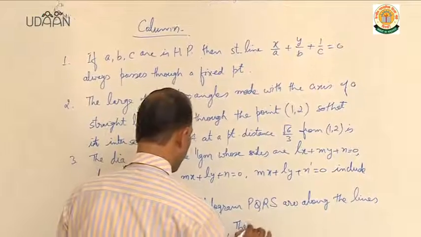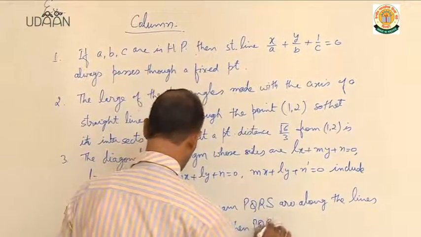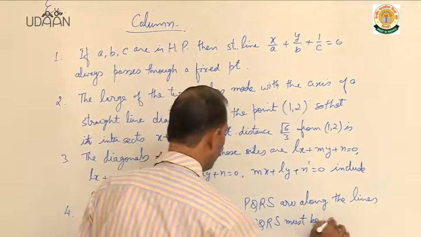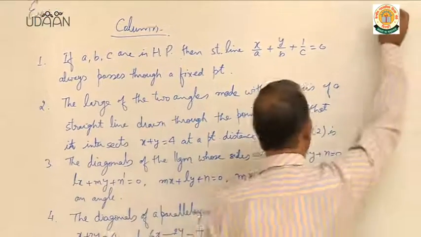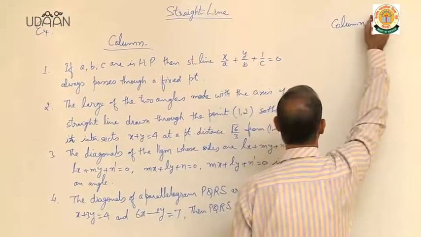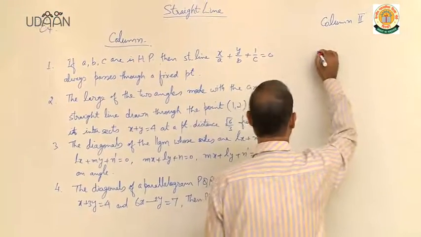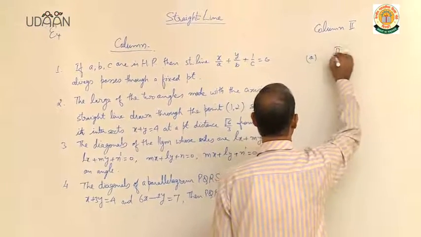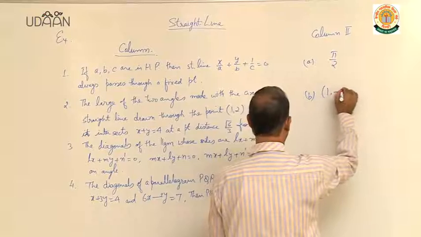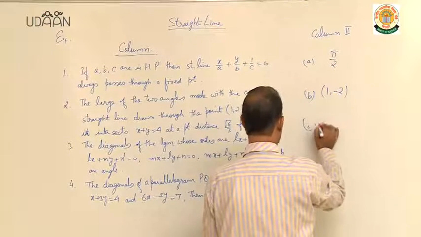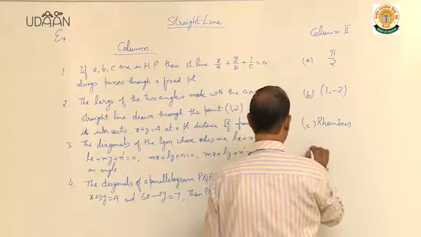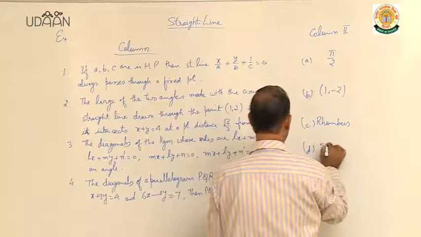Then PQRS must be a... Options in column 2 they have given. Here the first option is pi by 2, second is (1, -2), third is rhombus and fourth is 5 pi by 12.